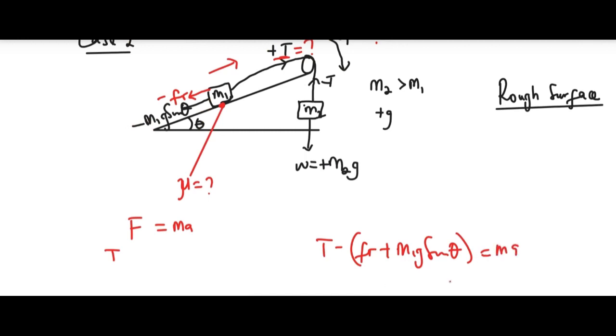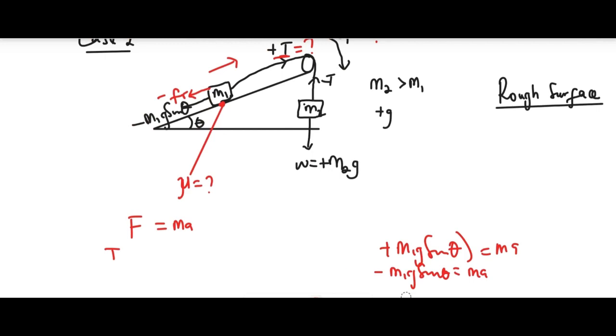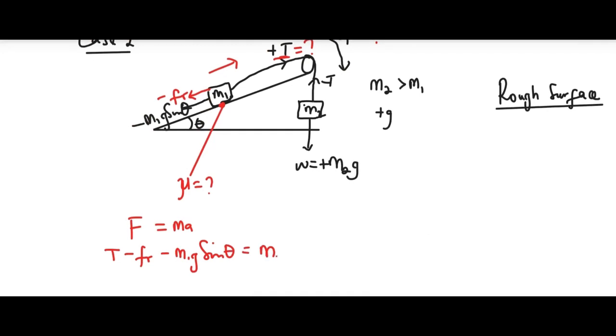Does that make sense? So by the time you open the bracket, you will still end up having minus m1g sine theta equals ma. So it's still the same, right? But here, I added the negative sign for you to make everything easier. So I have minus FR minus m1g sine theta equals ma.